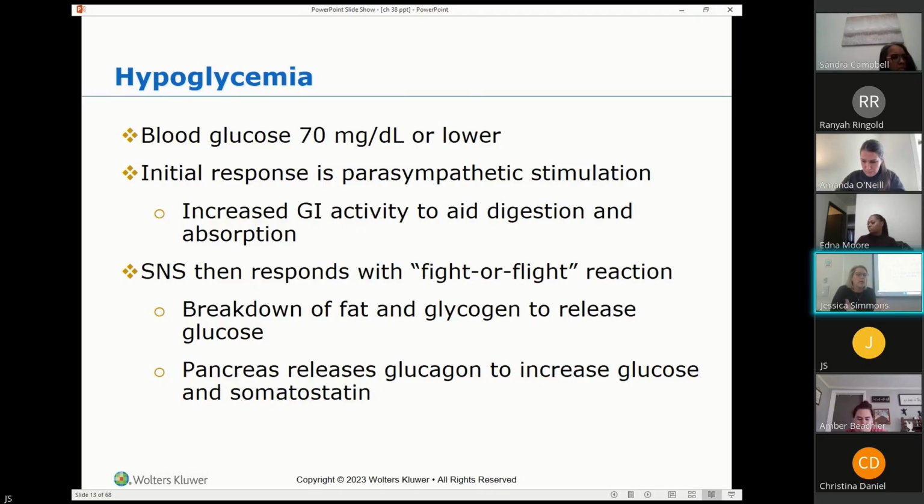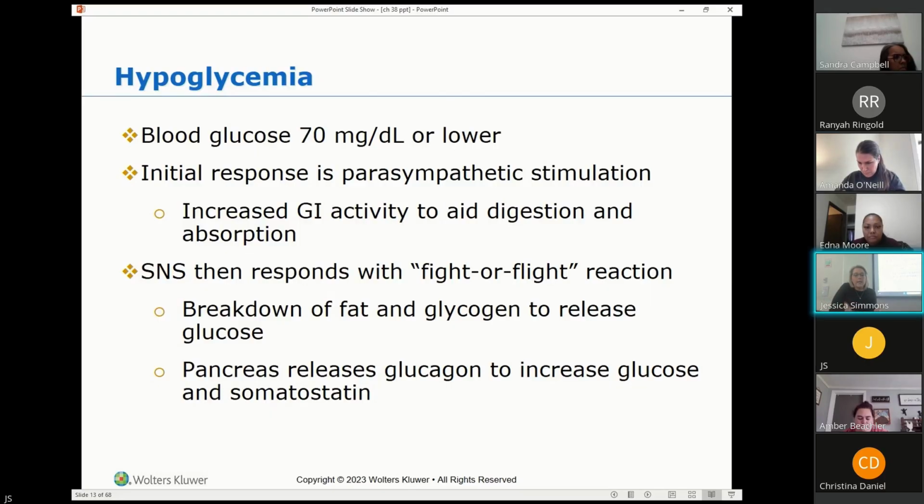DKA results from hyperglycemia and the fact that the patient in DKA does not have insulin to use that high glucose for energy. As a result, the patient will go into a fat metabolism state, which creates ketones, which are acidic, as a byproduct.